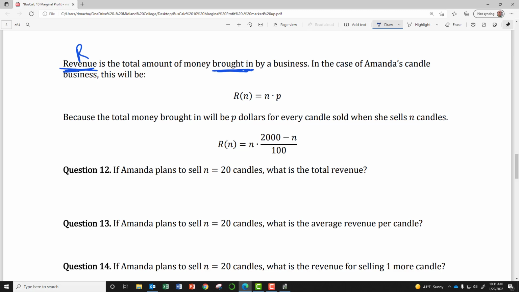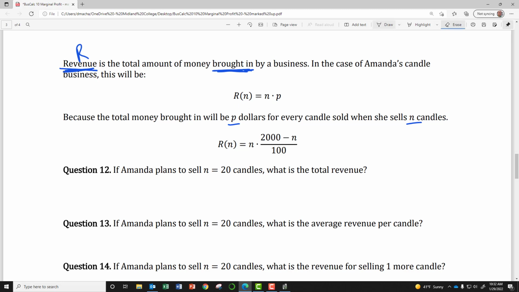Specifically, it's the number of candles sold times the price of each candle. This works because the total money brought in is P dollars for every candle sold when she sells N candles. That's how much money people are going to be handing her at the farmer's market.